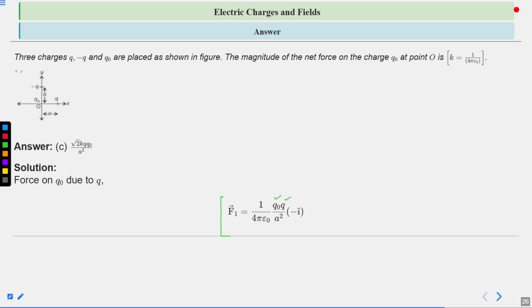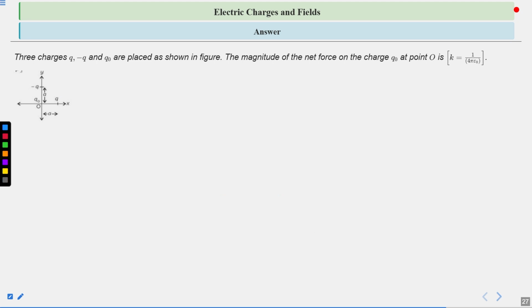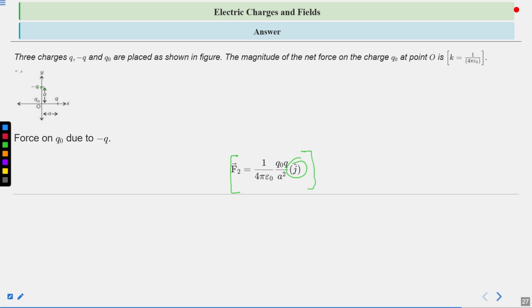So the force on q naught due to minus q, that is F2, is equal to 1 upon 4 pi epsilon naught q naught q divided by a square j cap. So this is the force due to the minus q charge.